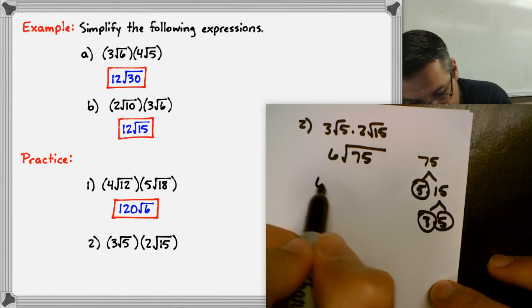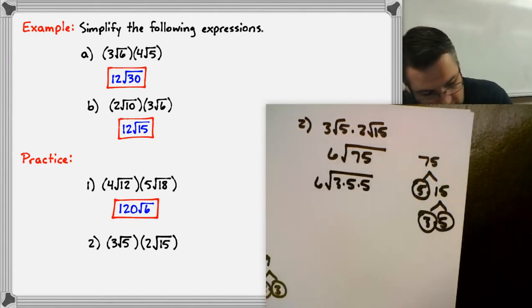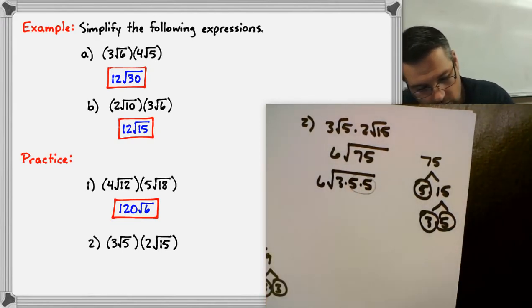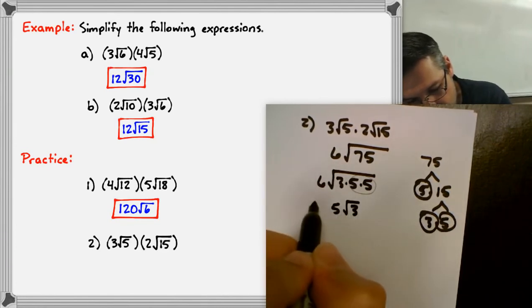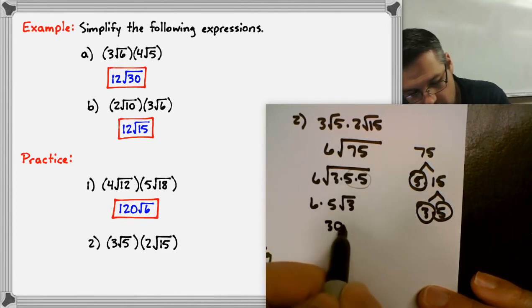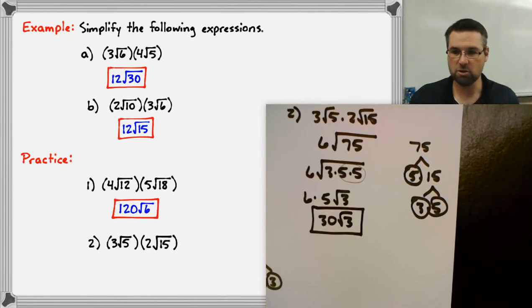So we get 6 square root of 3 times 5 times 5. We have a pair of 5s there now, so those can go out. So we have 5 outside, radical 3 inside, and we still have that 6 left over from the beginning. So 6 times 5 is 30, and then radical 3. And that is our simplified form for number 2.